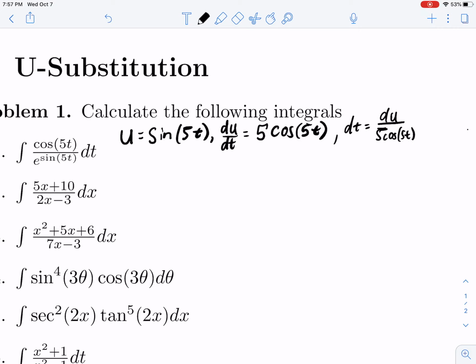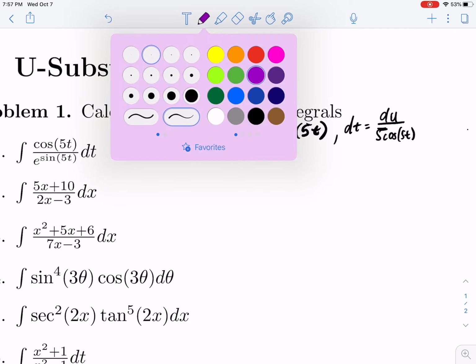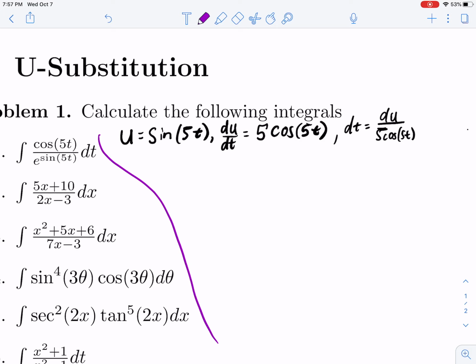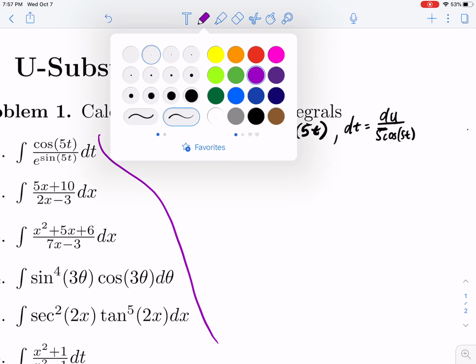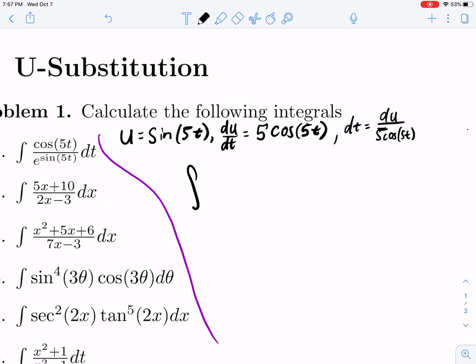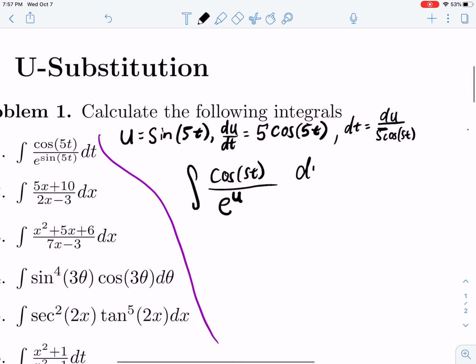All right, now we can make our substitution. What do we get? This is the integral of cosine of 5t over e to the u, du over 5 cosine 5t.